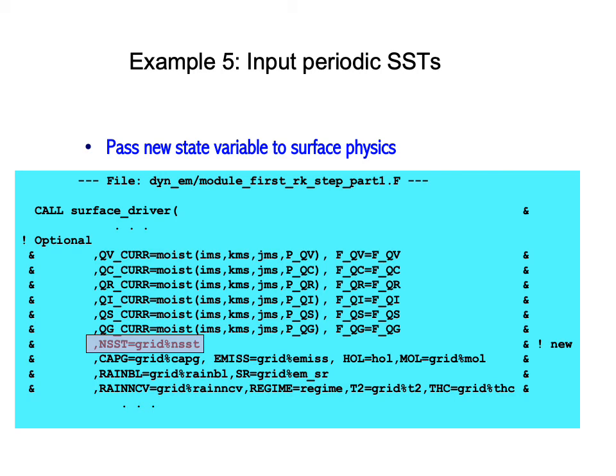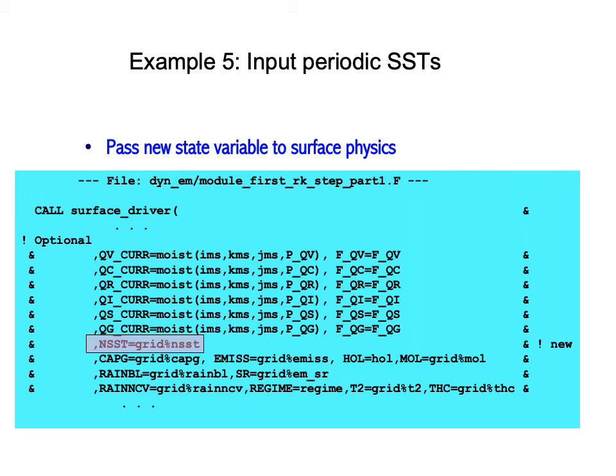Inside of that first RK step, which is where we are here, this is where we dereference our variable, grid%inSST. That grid% structure was passed into module first RK step part 1. We dereference that so that the surface driver is going to have a local variable named NSST.